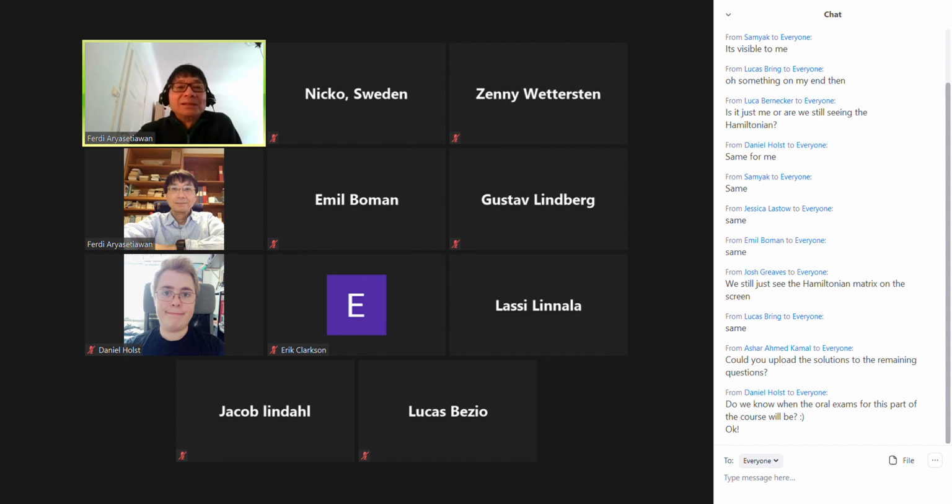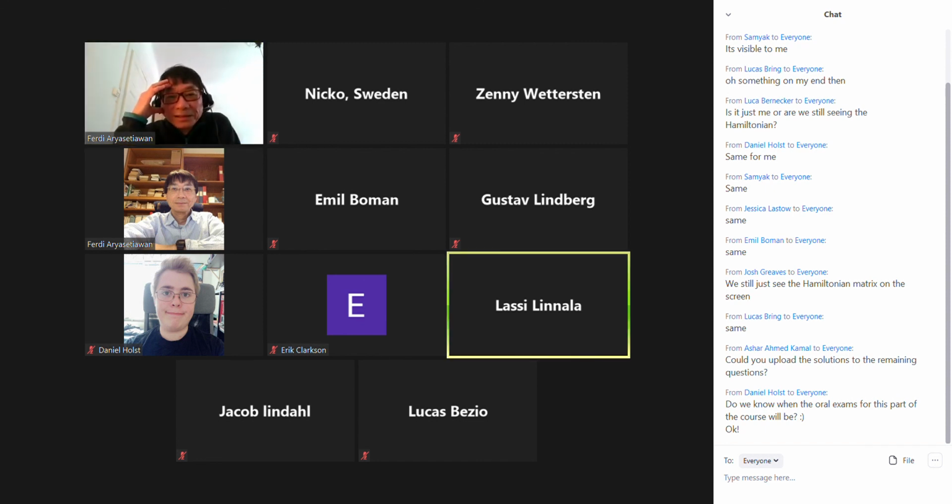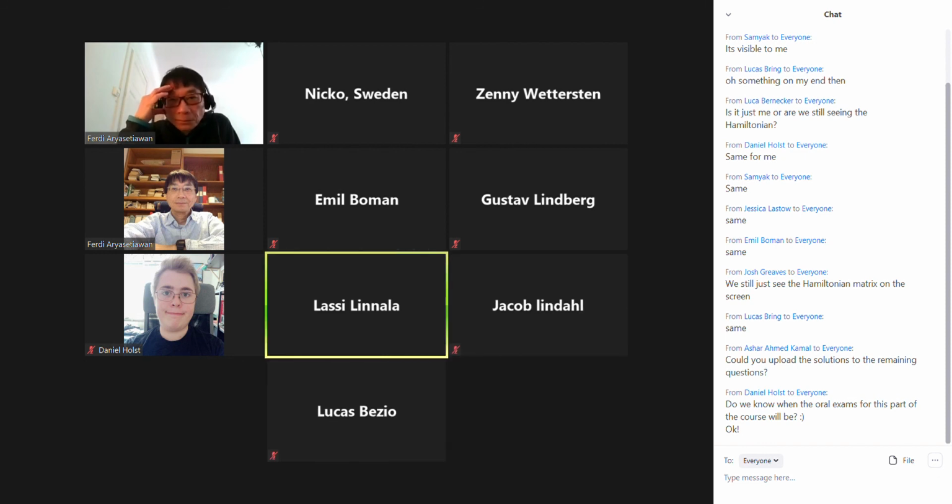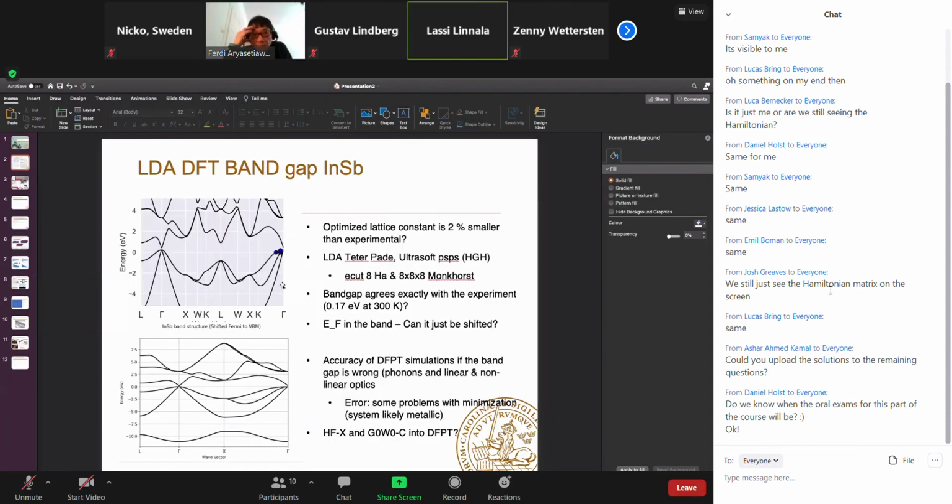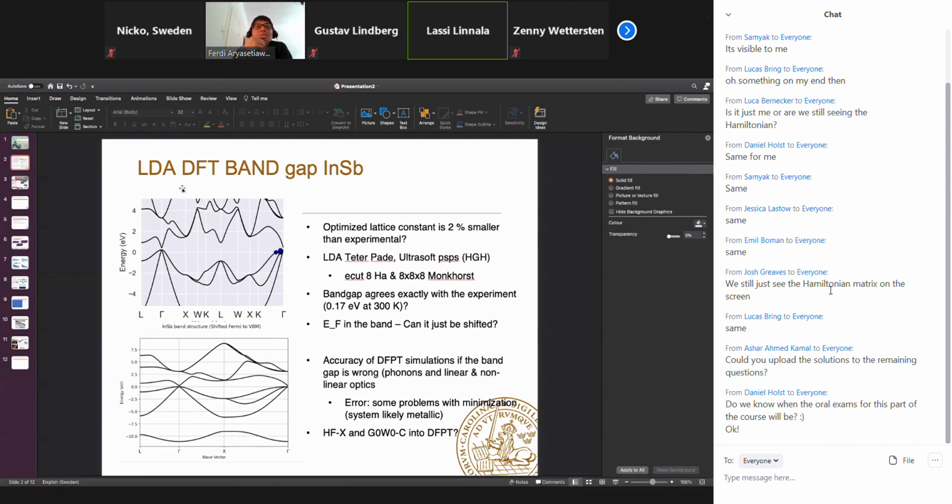Okay, let's see. You have a question? Yeah, can I share? Can you see this? The title is LDA DFT bandgap. I run a band structure simulation. First, I optimized the geometry, and I get a 2% smaller lattice constant than experimental.